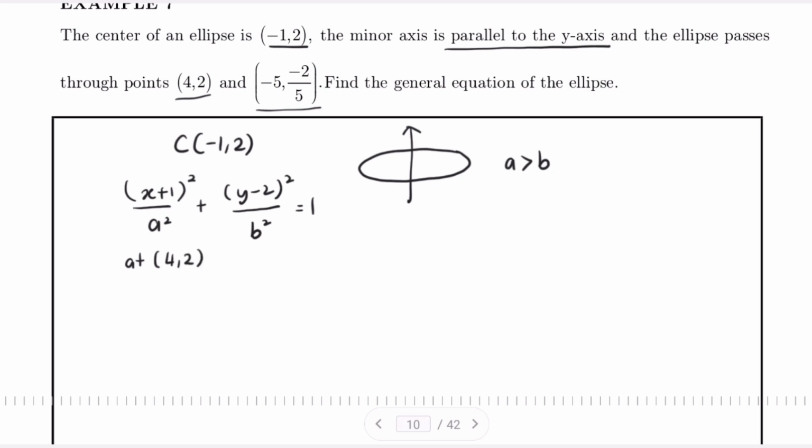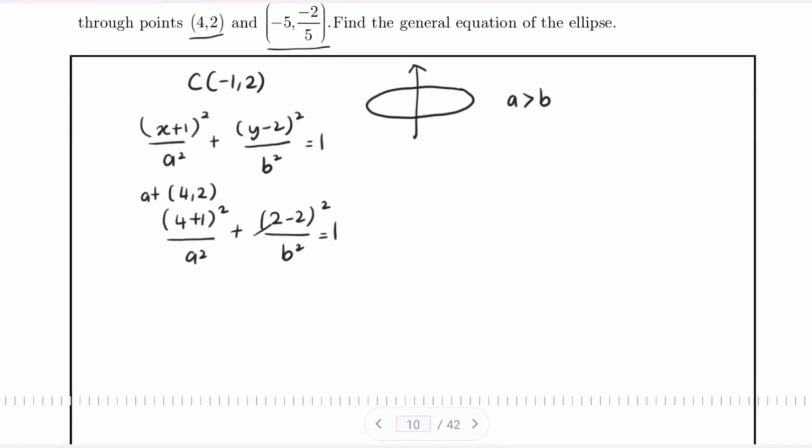Substitute the x and y values. So it's going to be (4 plus 1) squared over A squared plus (2 minus 2) squared over B squared equals 1. This one goes to 0. So 5 squared over A squared equals 1, so your A squared equals 25.